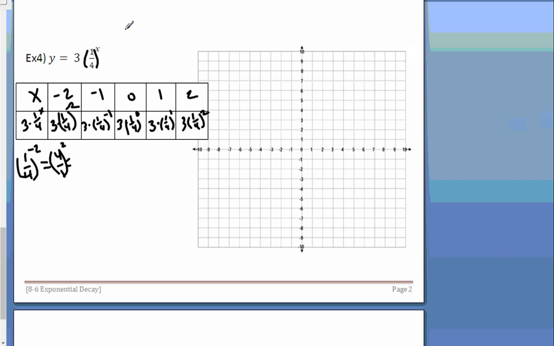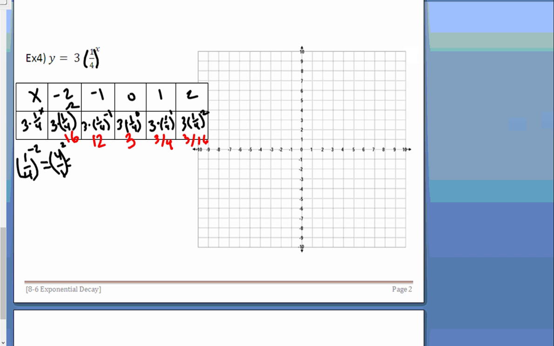So my first one is 16. 1/4 to the -1 is actually 4. 4 times 3 is 12. 1/4 to the 0 is 1, times 3 is 3. Oops, messed that one up. Anyone catch that? 1/4 to the 1 times 3 is 3/4. And 1/4 squared is 1/16, so it's 3/16.